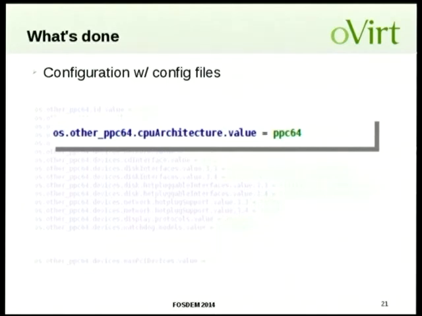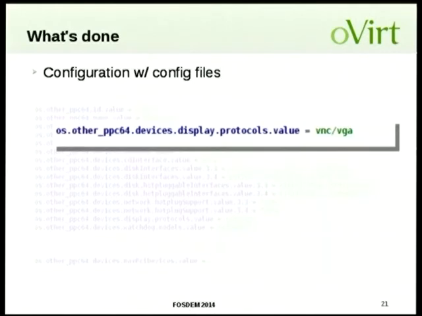So basically it will be really easy to add more supported OSs once we verify they are working. Also, you can see that here we define the devices per OS. For this specific OS, since it's PPC 64, the only display protocol supported is VNC, because SPICE is not supported on PPC 64.